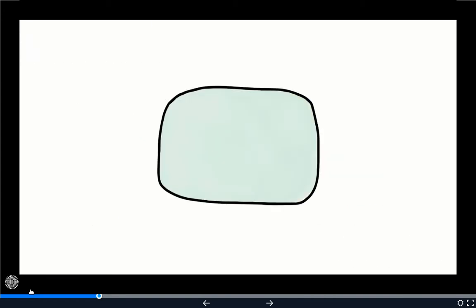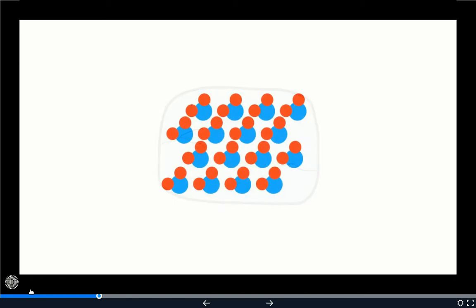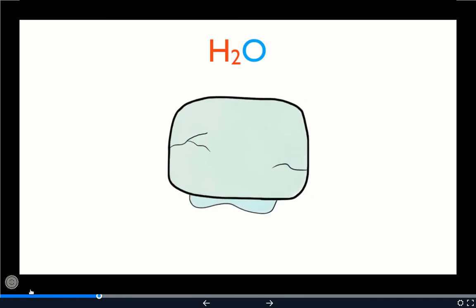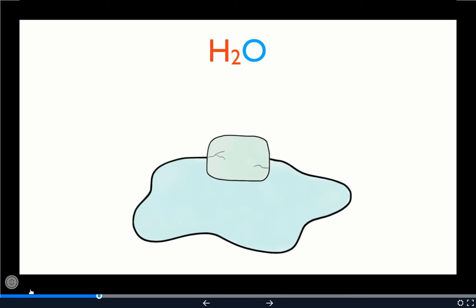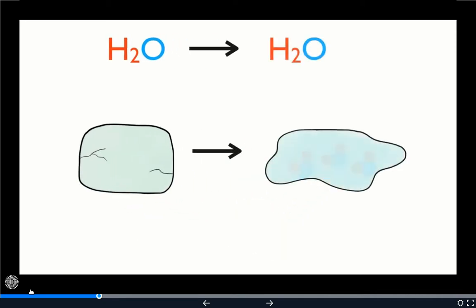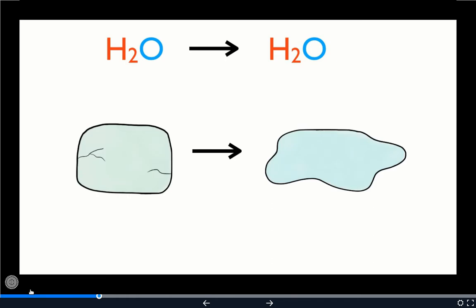A closer look at ice will show us that frozen water is H2O molecules made of hydrogen and oxygen atoms. When the ice cube melts, the molecules stay H2O. They just change from a solid to a liquid. Even when water evaporates, the molecules might be moving a little faster, but they're still water molecules.